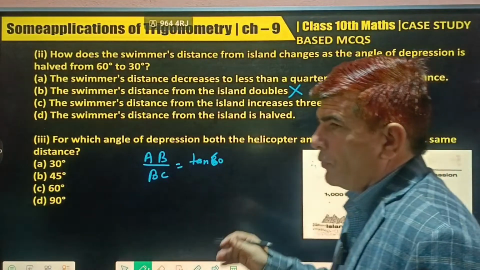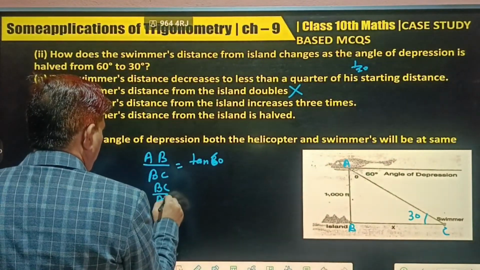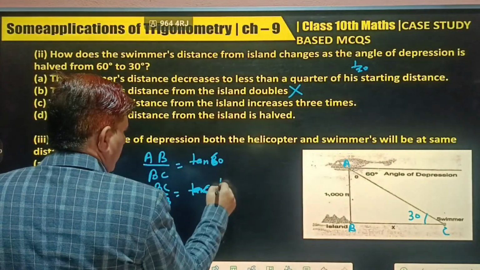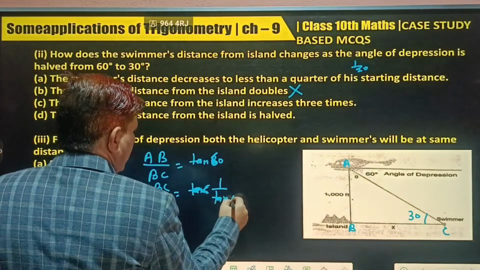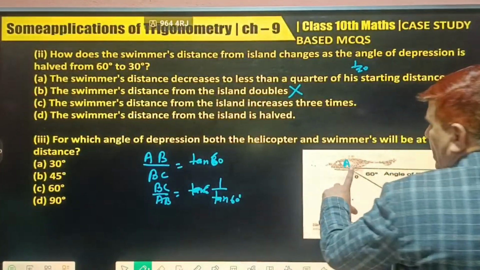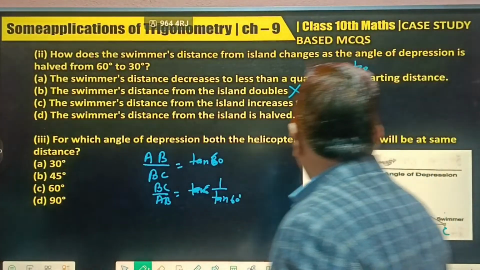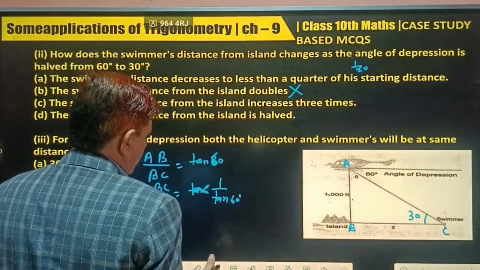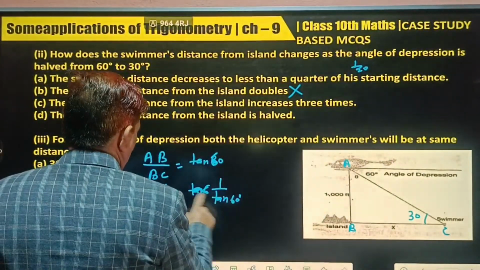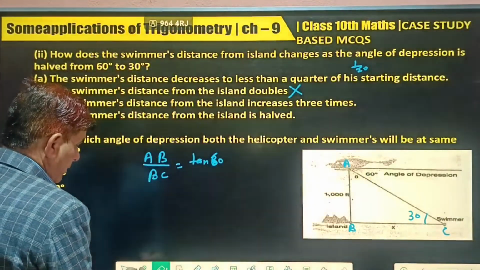Or the reciprocal of it, meaning BC by AB is equal to how much? Cotangent, or 1 by tangent 60 degree. Understood? So what's your BC here? We have to find out AB, sorry.